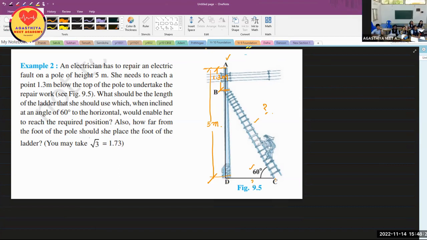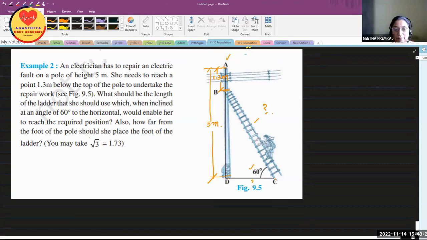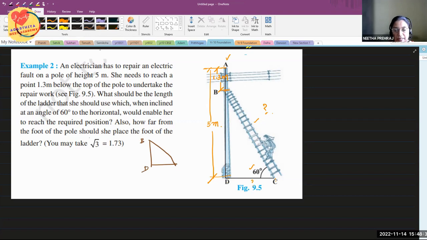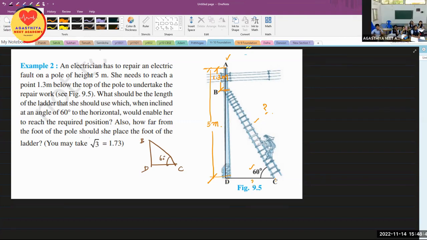Okay. So we have to consider a right angle triangle. I consider BDC. This is 60 degree. And BD is what? 3.7 meter.